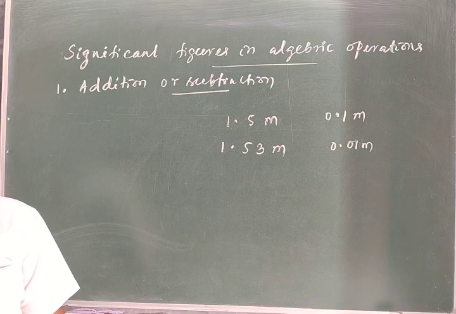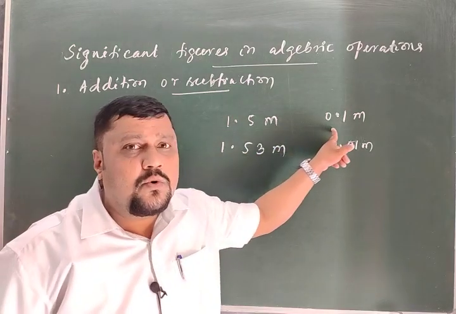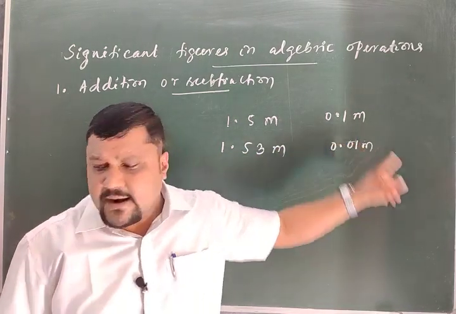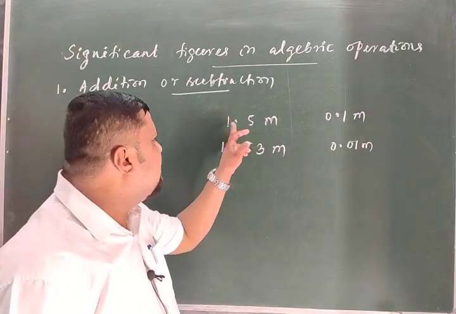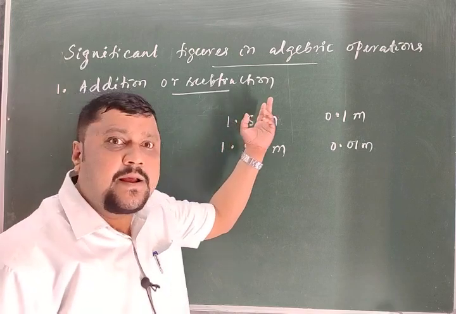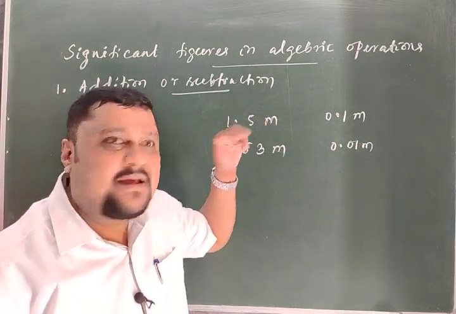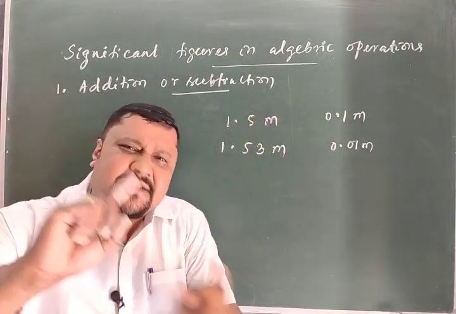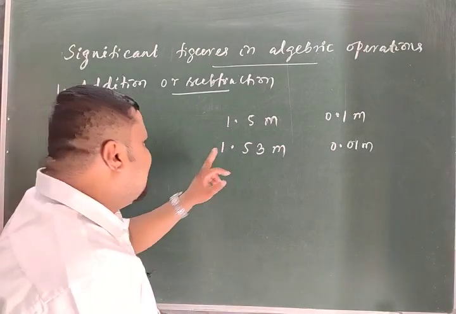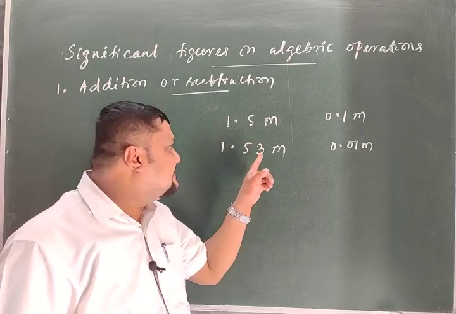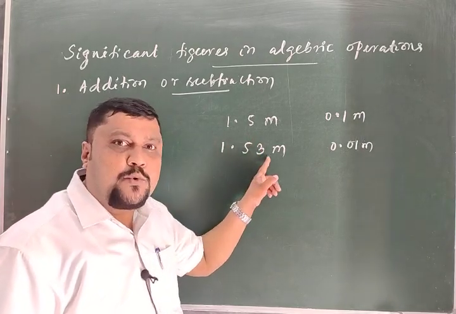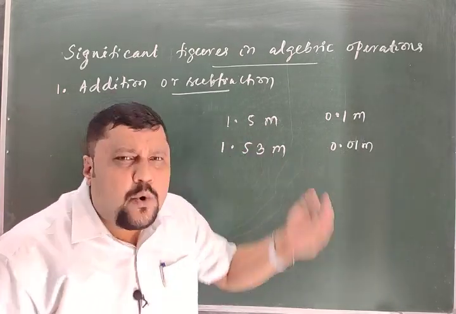That is, it is accurate up to 0.1 meter. Accurate up to 0.1 meter means it may be 1.6 or 1.7, maybe. But in this case, 1.5 is confirmed, but this 3 may be 1.52 or 1.54.